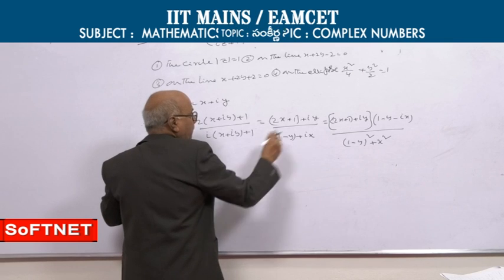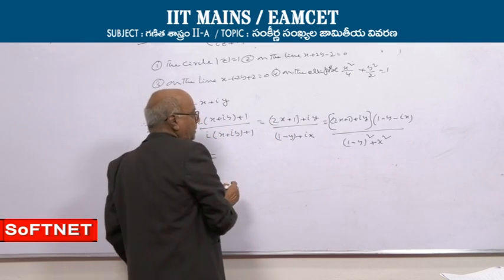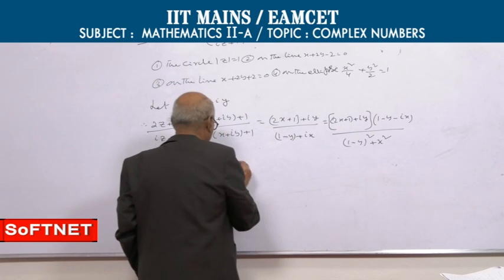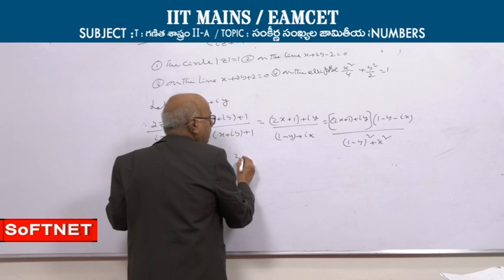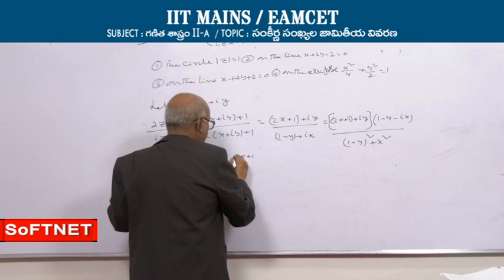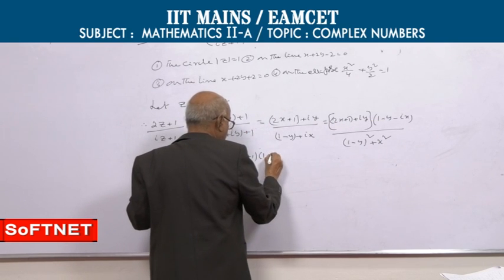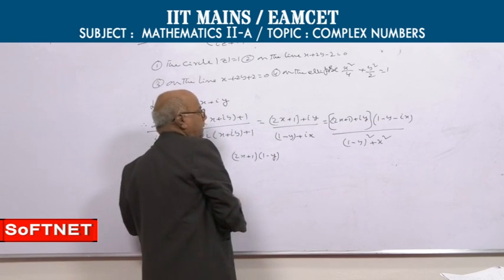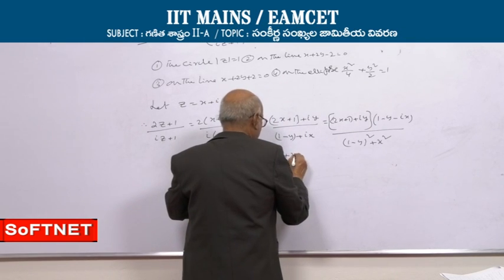So that is equal to, now we will simplify and separate the real and imaginary parts. We want 2x plus 1 into 1 minus y, and plus xy.